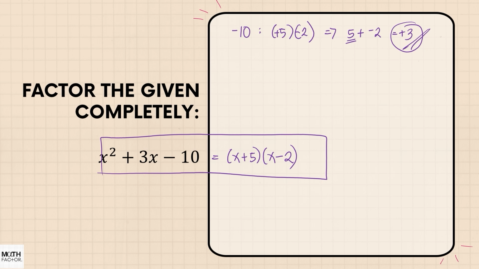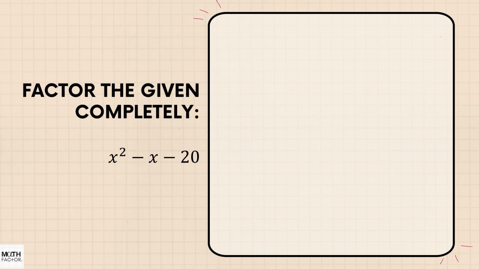Alright, for the last example, we have x squared minus x minus 20. Let's look for the factors of 20 that, if we add them, the sum would be negative 1. So we have, let's say, 5 times 4. And since we have negative 20, the factors must have different signs, one positive and one negative. Since we are expecting negative 1 for our middle term, the negative sign should be placed on the higher factor, which is this one.